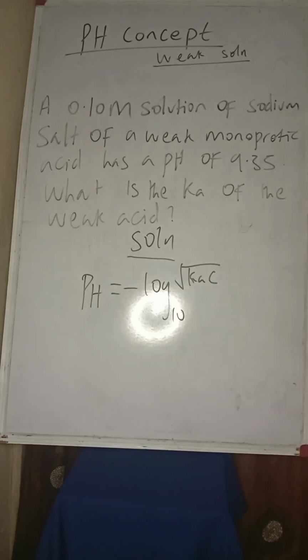You will not be able to solve this type of question with this formula. Why? If you followed this class earlier, I said the salt of a weak acid, especially when the weak acid is coming from a strong metal like sodium or potassium, is treated like a weak base.